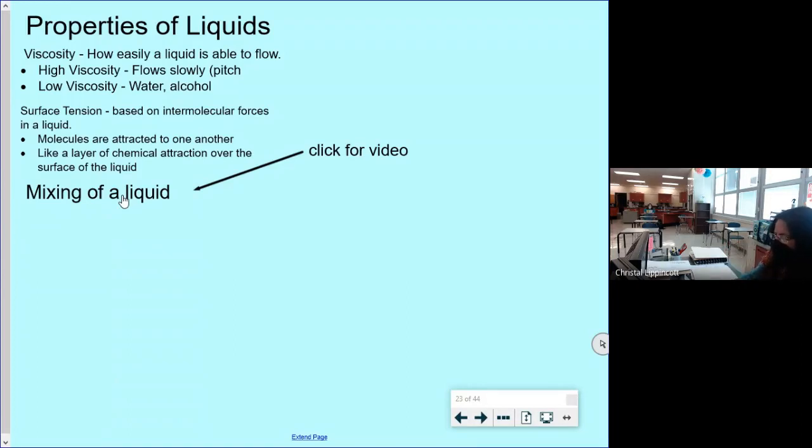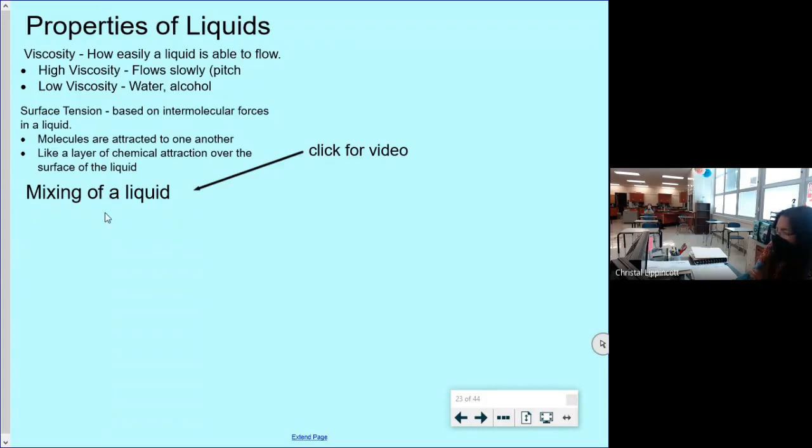When you mix those two liquids together, in addition to that reduction in volume, we will come back to this when we get into solutions later this year, when we're making our own solutions.